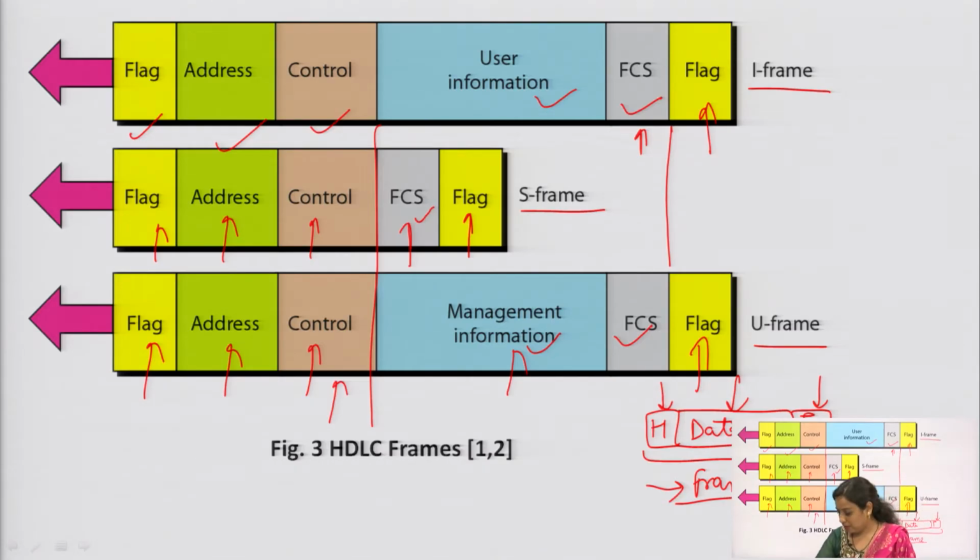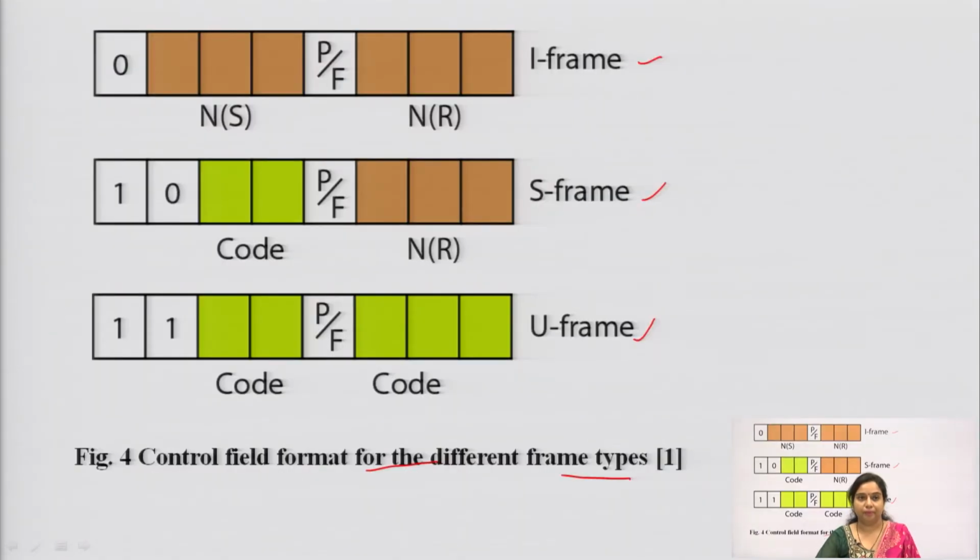You have to transmit different information in the control field of each frame. You can see in this case, this is the I frame, and its format looks somewhat like this.